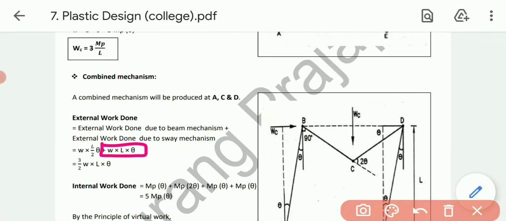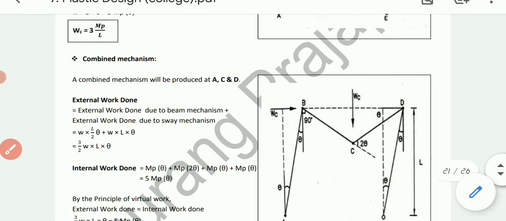So for the external work done, we need to sum the external work done due to the beam mechanism and due to the sway mechanism. So WL by 2 theta plus WL theta, ultimately I will get 3 by 2 WL theta. That's the external work done.